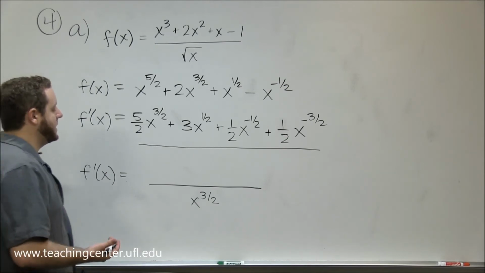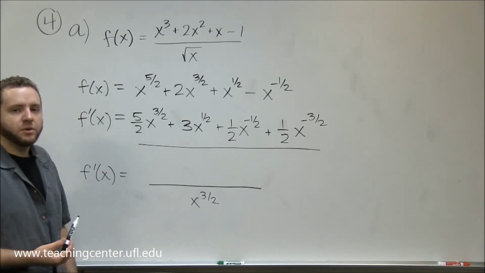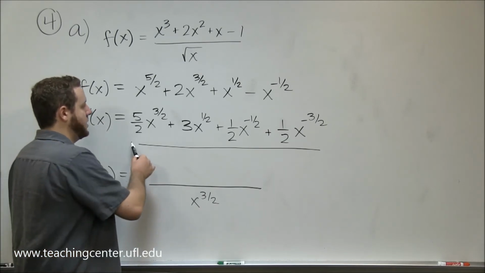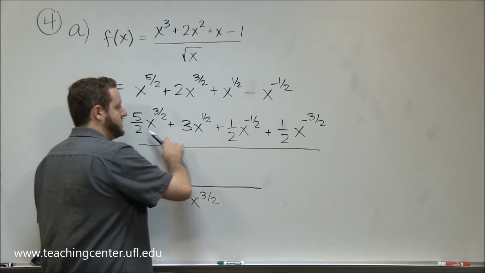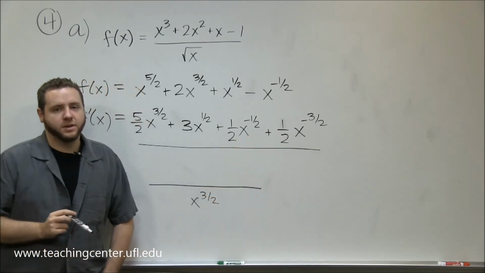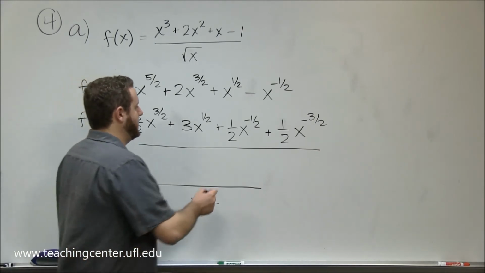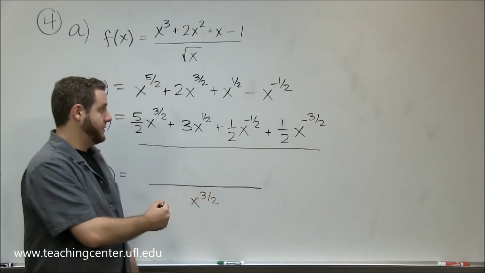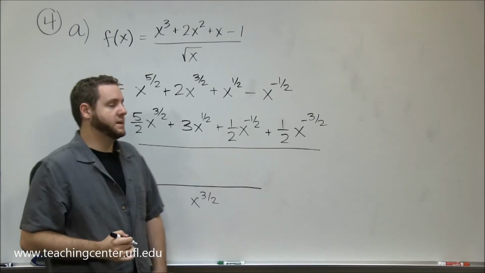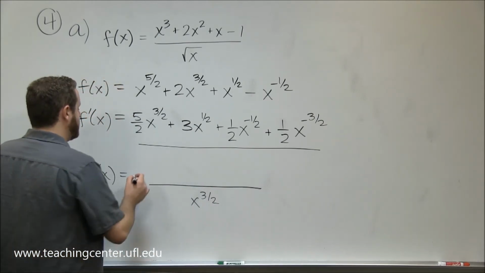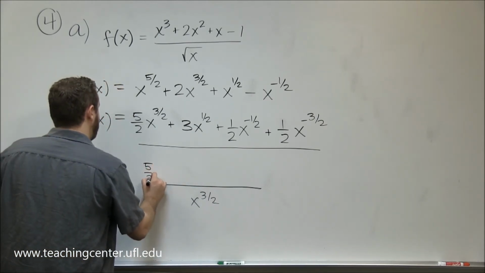So if we're creating a denominator of x to the 3/2, our numerator is essentially just what I underlined here times x to the 3/2 on every term, so that when we divide by x to the 3/2, we get this back. That's our idea here. So this would be 5/2.